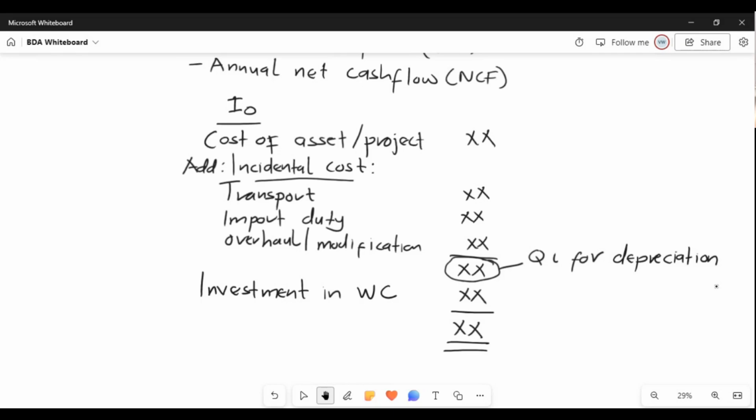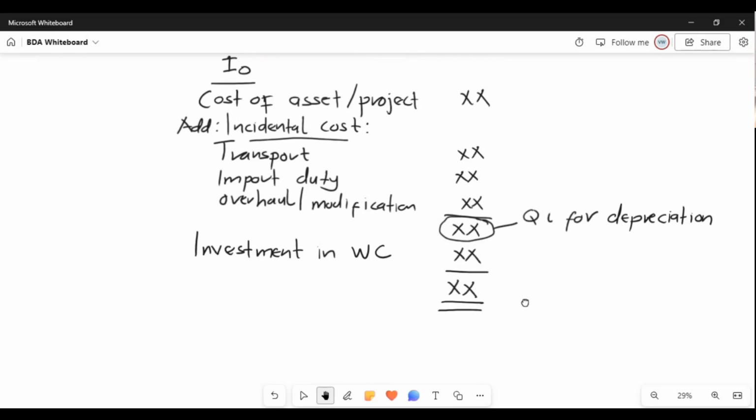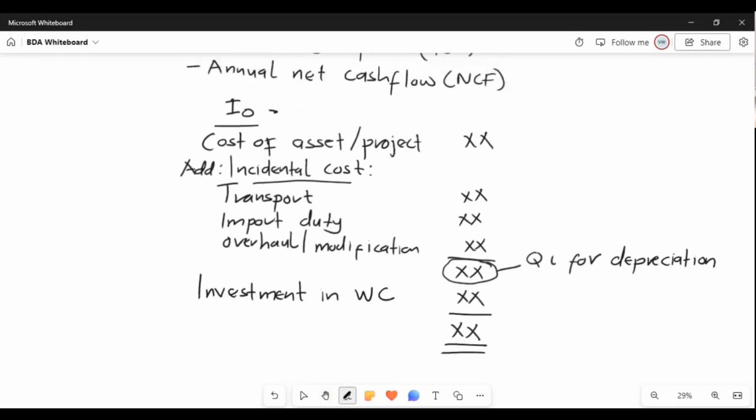So these are the components of the initial cost in a scenario where you are not given. The reason why this is important is because sometimes the question may want you to carry out sensitivity or scenario analysis on specific variables, so you have to know what forms that component of cost. And definitely we know that the initial cost is a cash outflow.